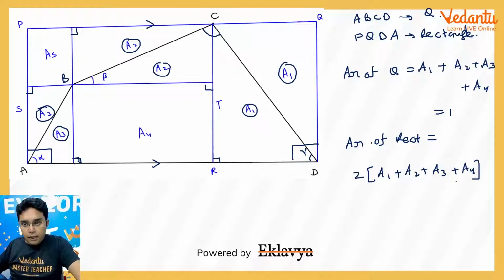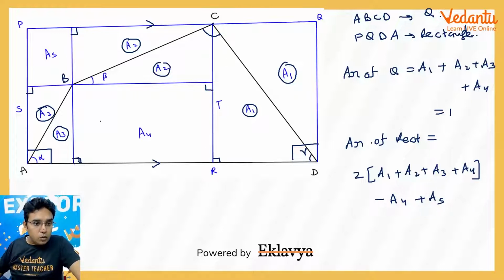But in this rectangle A4 is only once, so I will be subtracting A4, and there is A5 outside that is also included, which was not there in the quadrilateral. So if I am able to prove that A4 is bigger than A5, we can say the area of the rectangle will be less than 2.